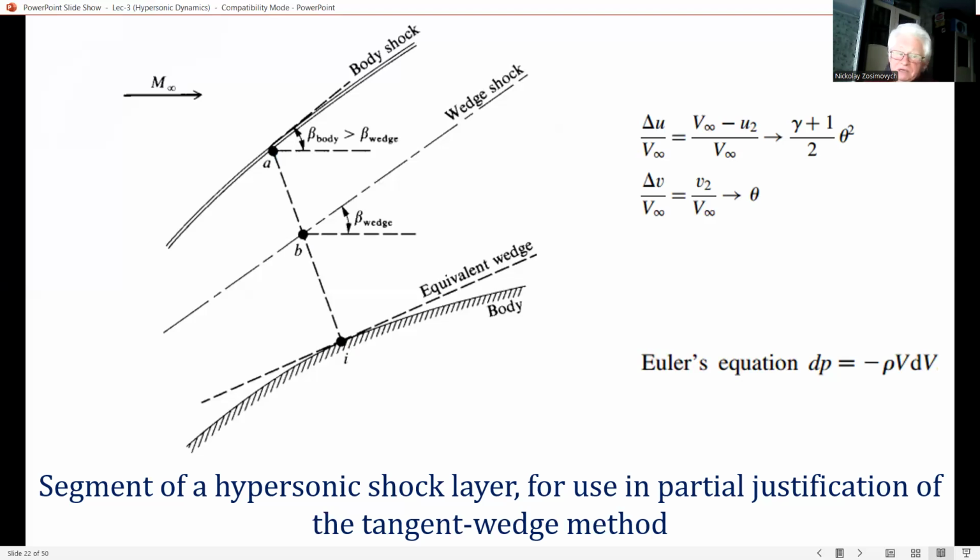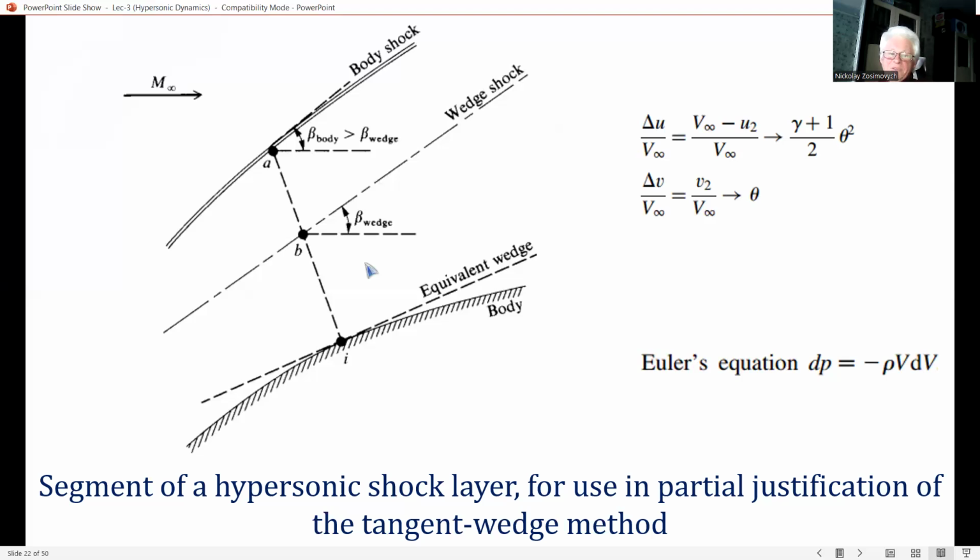And the pressure Pb is already less than the pressure at A, because the imaginary wedge shock angle at point B is less than the actual body shock angle at point A. So beta body is higher than beta wedge.